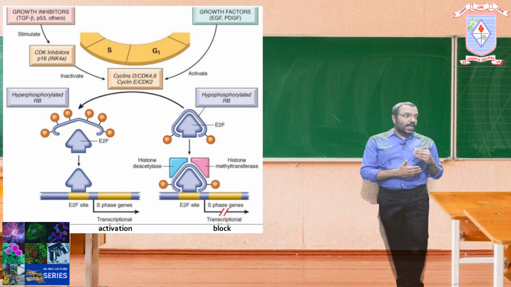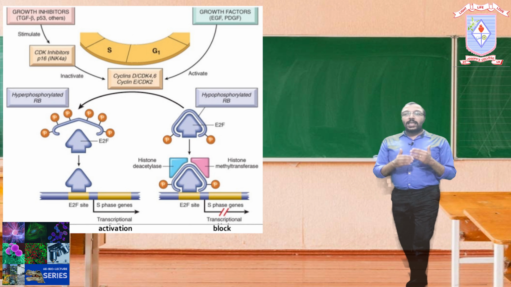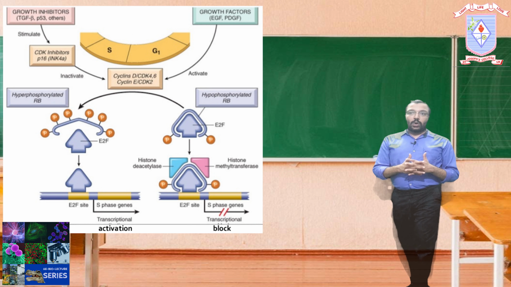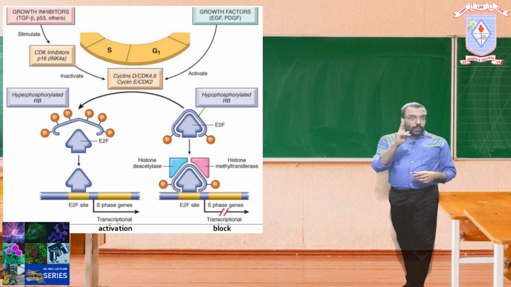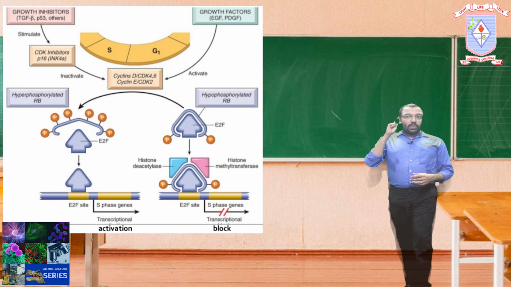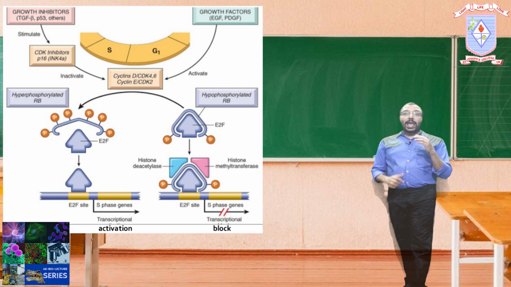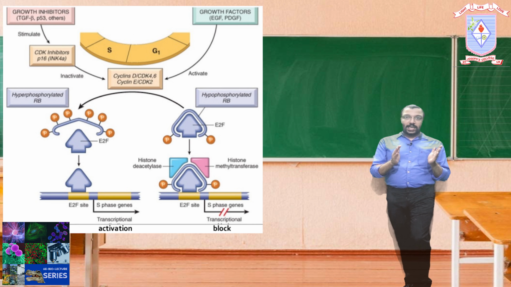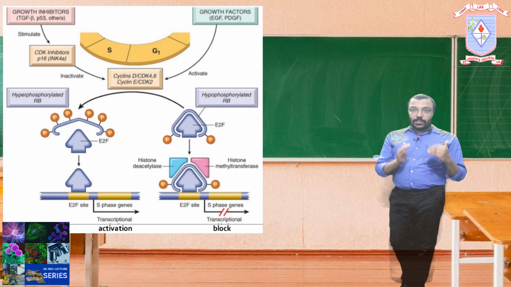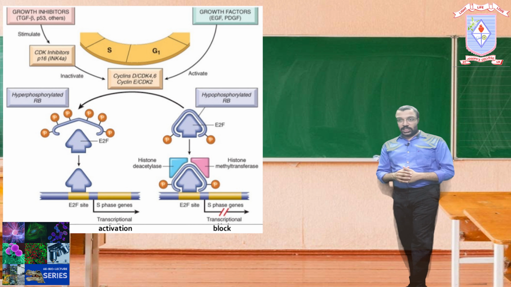The hypophosphorylated form of RB inhibits the progression of the cell into S phase by two mechanisms. One is hypophosphorylated RB along with HDAC. HDAC means histone deacetylases, which inhibit G1 S transition.